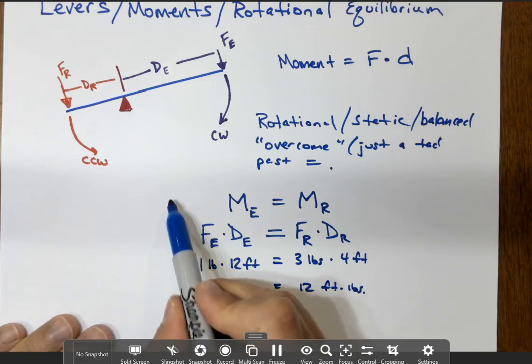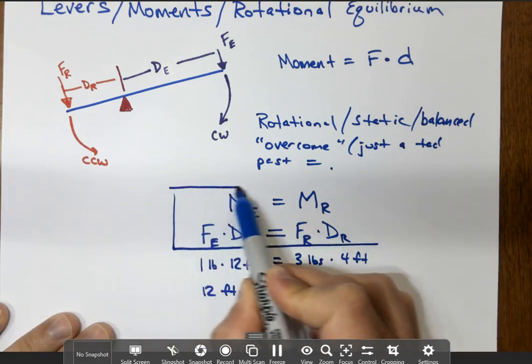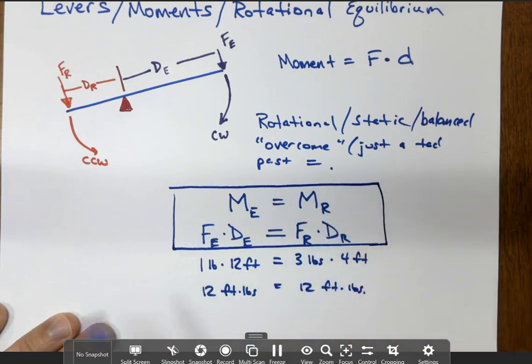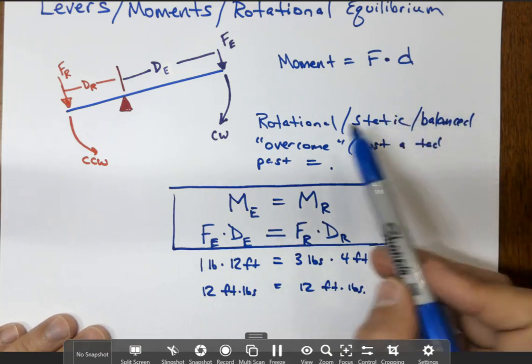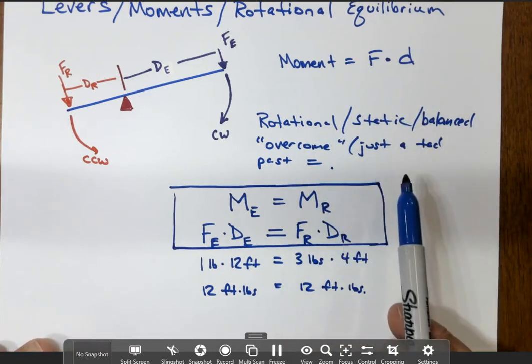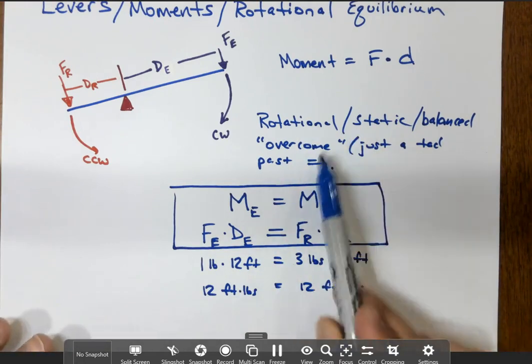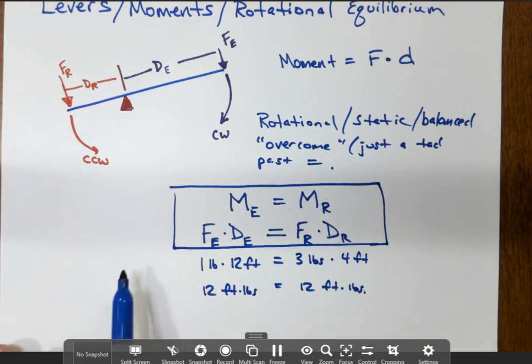Okay, so right here, notice I haven't plugged in any numbers yet. If you have any word problems that ask you to solve based on being balanced or being in equilibrium, rotational or static, either word, or how much force does it take to overcome the resistance, these key things, this is where you're going to start.